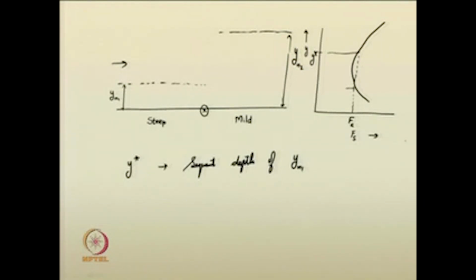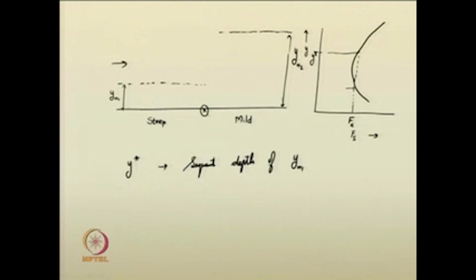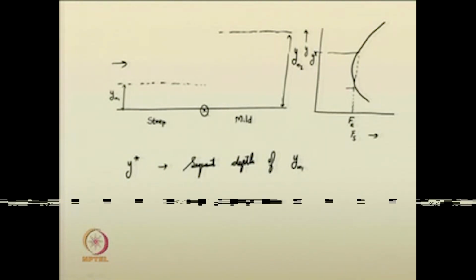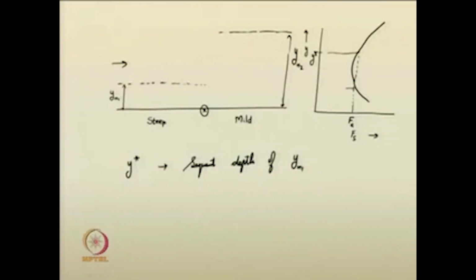When the flow comes with a normal depth in the upstream portion, and the slope of the channels changes from steep to mild, how do we determine the location of the hydraulic jump? We can suggest it in the following form. You have this depth as y n 1, and the corresponding sequent depth as y star.